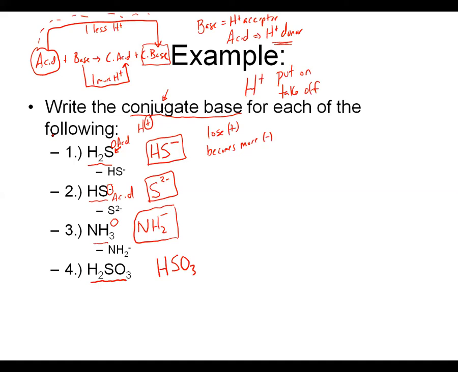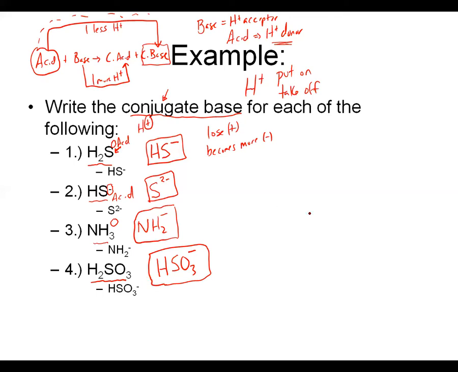What that means is, because of the plus there, we are also going to make it a minus. And that would be its conjugate base. Any questions on any of those four, or how to write a conjugate acid or conjugate base if you're given something?